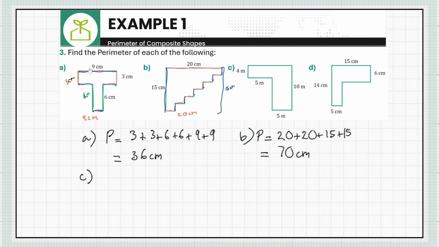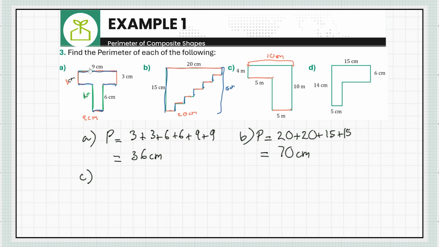C is a little bit easier. For C, we know a lot of the information that we already need. The only thing we're missing is this side over here. In order to solve for that, we recognize that the same length here and here is also going to have to match up with this length in total here. So this is 5 and this is 5. That must mean that this is 10 meters.